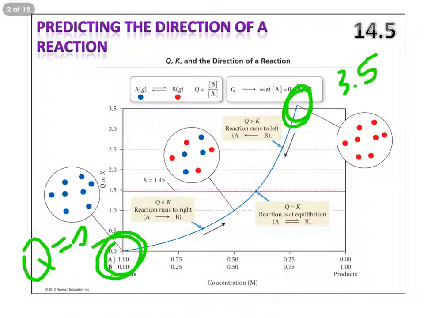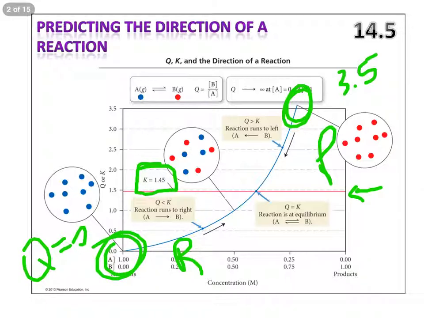We'll just say around 3.5. So here's your products, and here's the reactants down here. And how do we know that? Well, look at this right here. It says K equals 1.45, and it's pointing to this red line. So that red line is our equilibrium point, where it reaches equilibrium, so K equals Q.